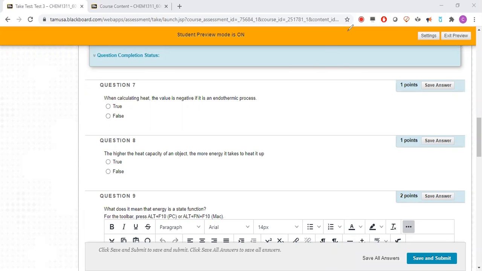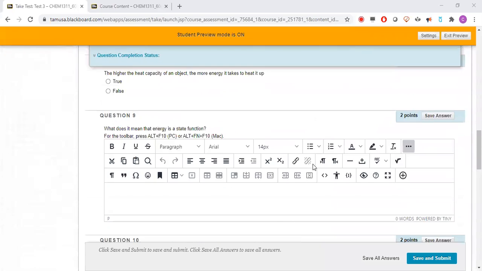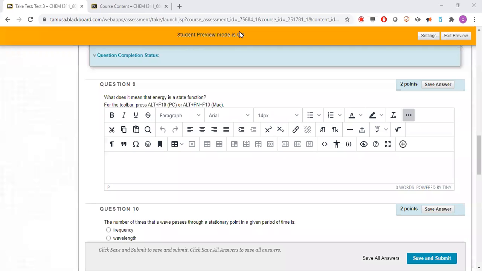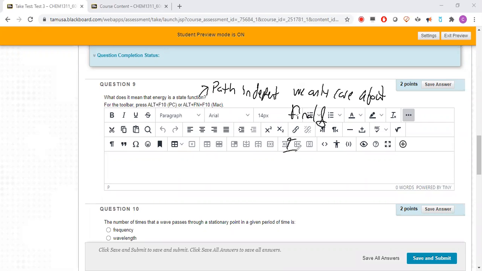What does it mean that energy is a state function? So apparently a lot of people weren't listening to me or reading the slides. State function means path independent, or we only care about final and initial values.